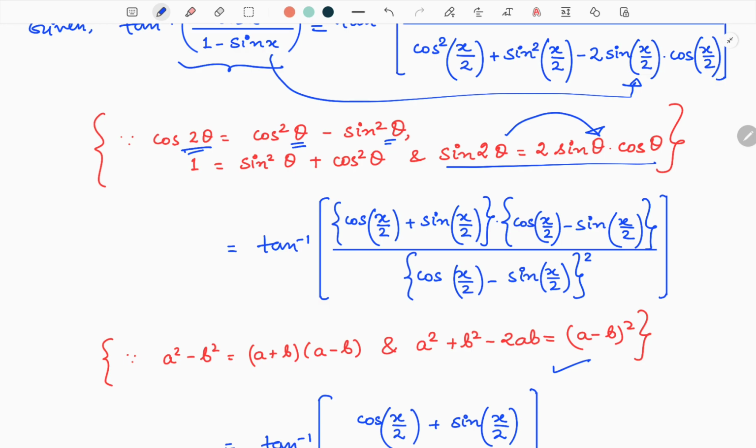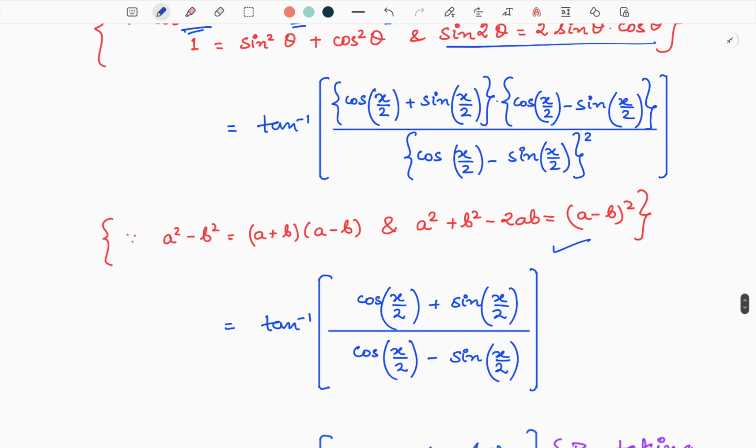So if you put all this and use this identity, you will get in the numerator as tan inverse cos x by 2 plus sin x by 2 in one bracket multiplied by cos x by 2 minus sin x by 2 in another bracket upon cos x by 2 minus sin x by 2 whole square. Now one cos x by 2 minus sin x by 2 will get cancelled from numerator and denominator.